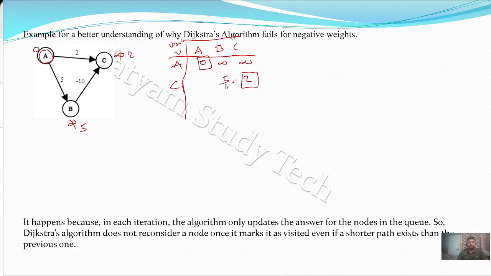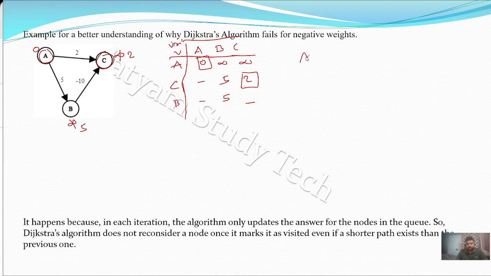Now you can see there is no outgoing edge from C to any other vertices, so leave it. C is also a visited vertex here. Now only 5 is there, so next one is B, B is 5.